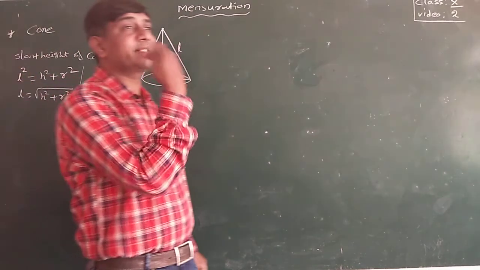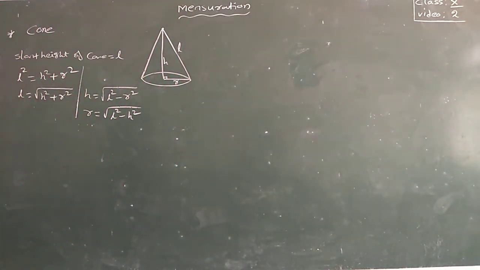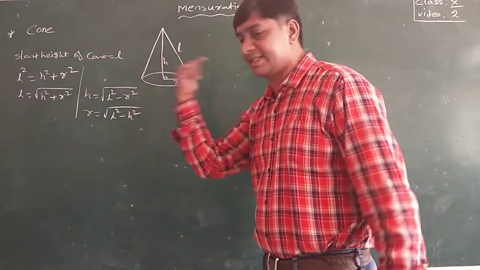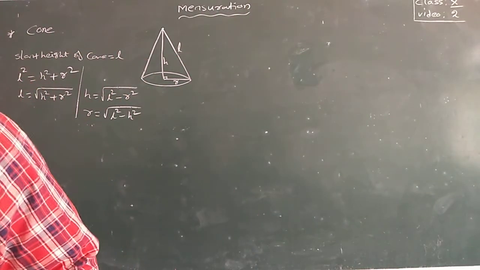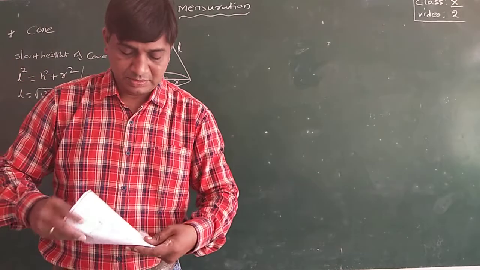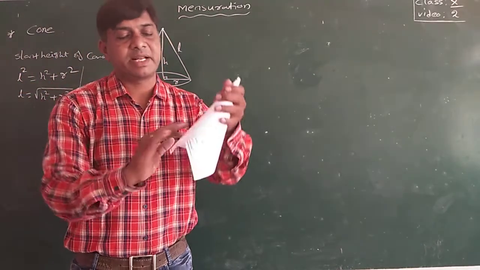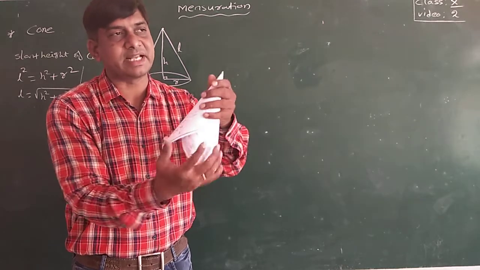Now CSA of a cone. CSA means curved surface area. Same, because it is also made with the curved part. Actually, the shape will be like this, but here the bottom will be a circular shape.